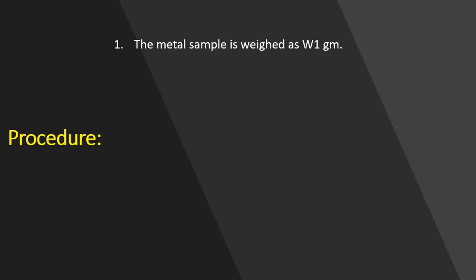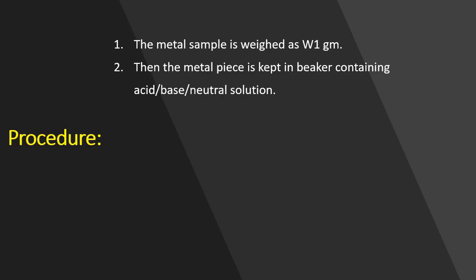The metal sample, that is the iron nail, is weighed as W1 gram. So we have to take 3 different nails, and the weights of the 3 different nails are taken separately. Then we have to keep each metal piece in a beaker containing acid, base and neutral solution. As we keep the 3 different nails in 3 different solutions, the corrosion starts after some time.